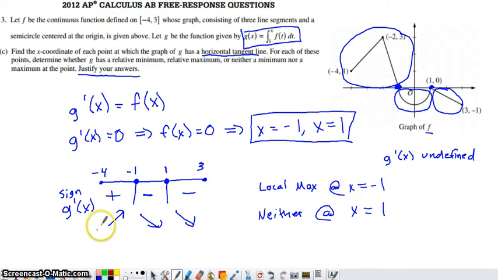You could also say, since g is increasing to the left of negative 1 and decreasing to the right of negative 1, we have a local max at negative 1. And since we're decreasing on both sides of positive 1, we have neither a local max nor a local min there. So do more than what I have on the screen here to justify, write out what I just stated verbally, but I hope that helps with Part C.